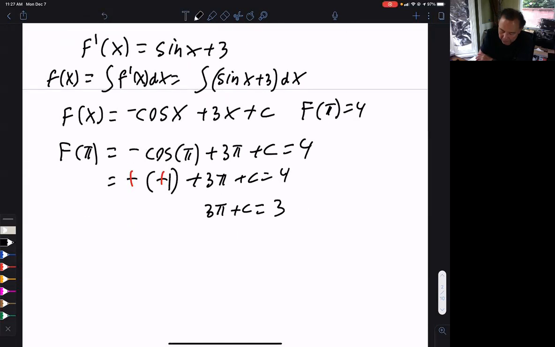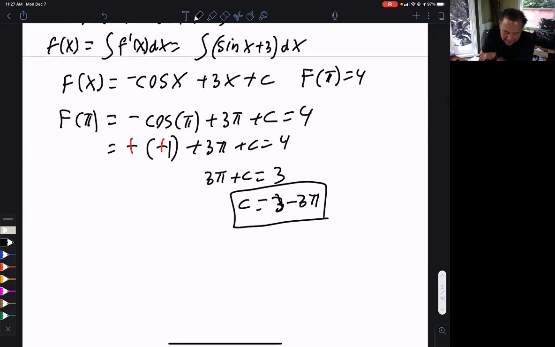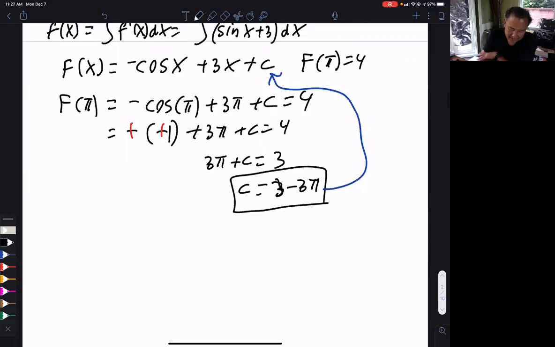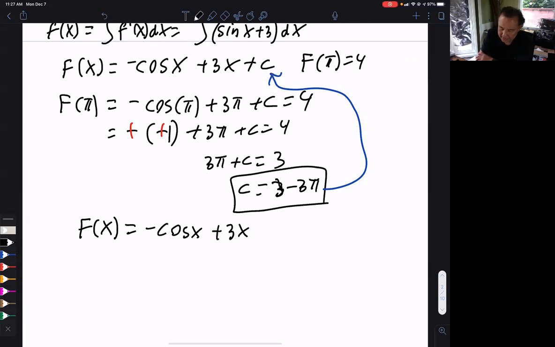Subtract 3 pi from both sides. I have found the c. And I'm going to plug that c in for that c you see. And now I have found f of x. Opposite cos x plus 3x plus 3 minus 3 pi. There is my answer.